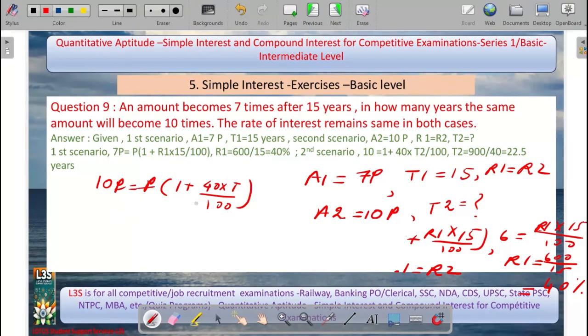So 10 minus 1, that will be 9 is equal to 40 into T by 100. So we can do cross multiplication, then it will become 900 equal to 40 into T. So T will become 22.5 years.